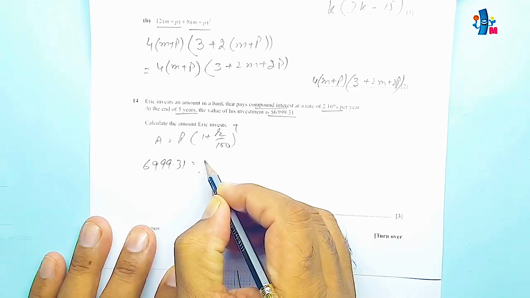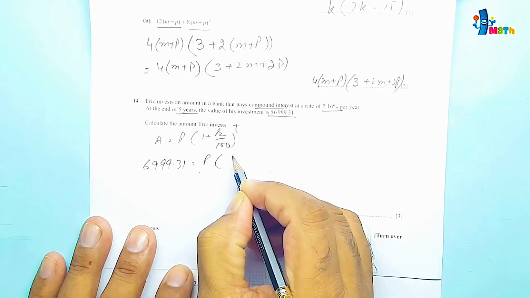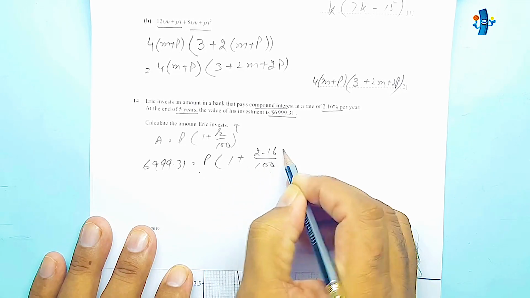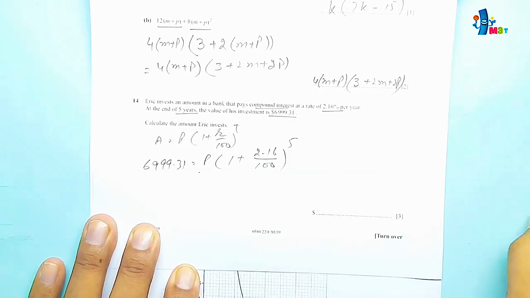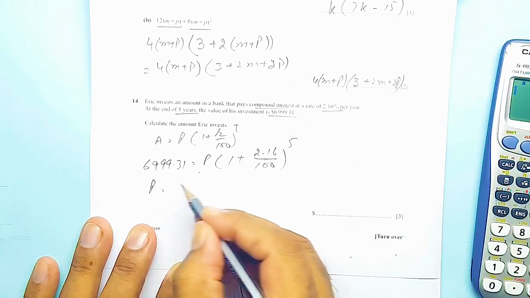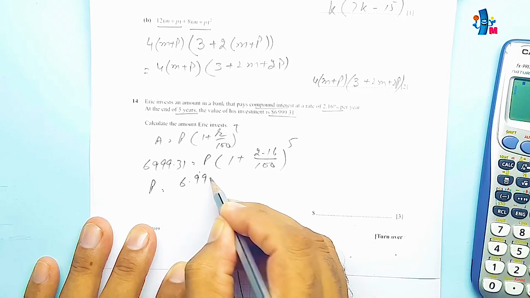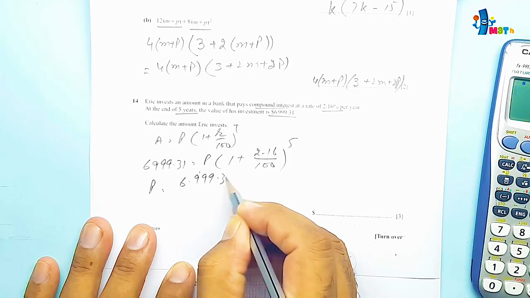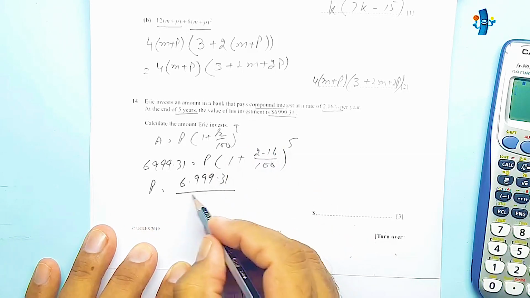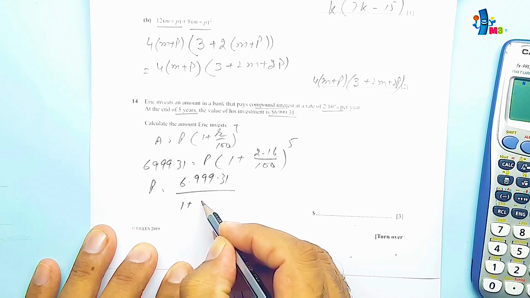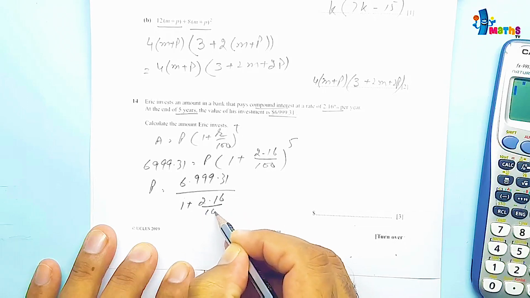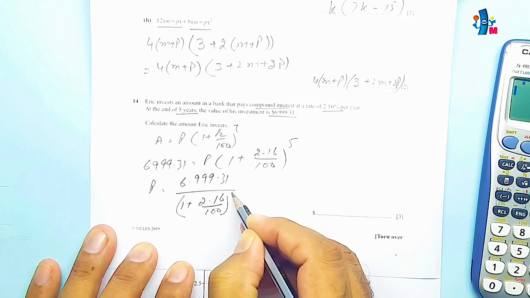6999.31 is equal to the principal amount which we have to calculate, and rate is 2.16 divided by 100, and time is 5 years. The rest we have to calculate, but first we can write 6999.31 divided by this whole factor as the denominator, 1 plus 2.16 over 100 whole raised to the power 5.